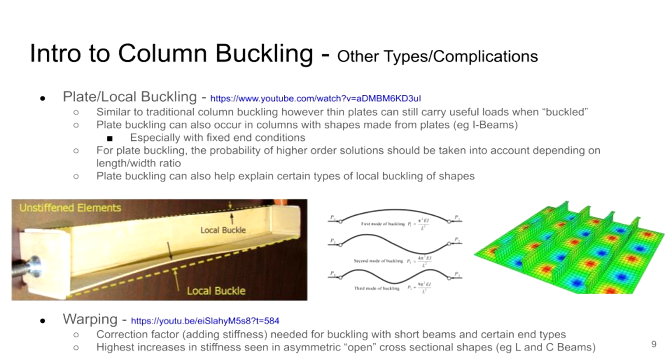And we see the highest stiffness increases in asymmetric open shapes, like the shapes that we saw in slide 7 that were subject to torsional buckling. They see increases in buckling stiffness both due to this warping effect increasing their stiffness, and if you fix the end, then they have a harder time torquing as well.